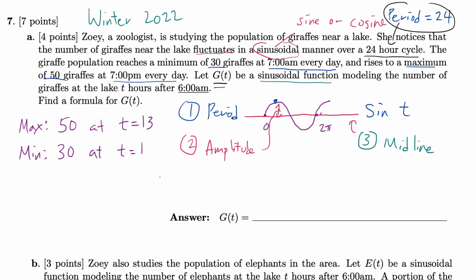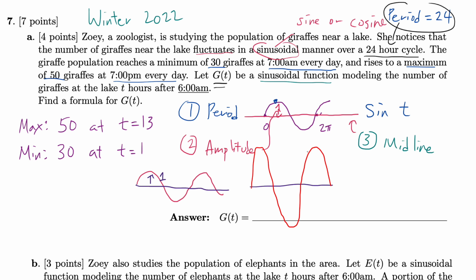So if you think about the usual sine curve, here the amplitude is just 1. Now, what if I want to change the sine curve so the amplitude is, say, 3? Everything is the same except now the distance between the midline and maximum, this oscillation between the average value and maximum, is now 3.